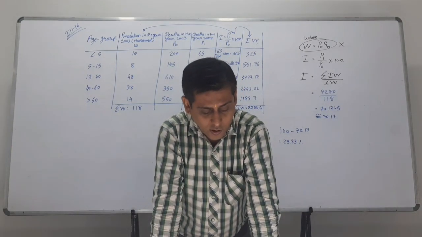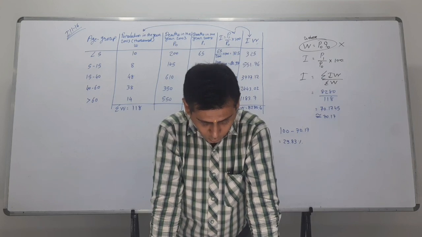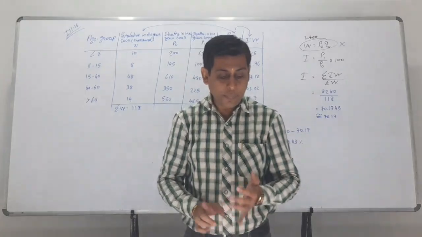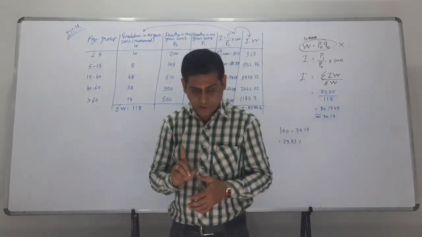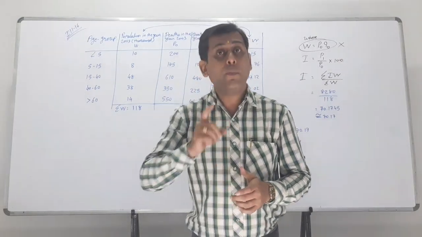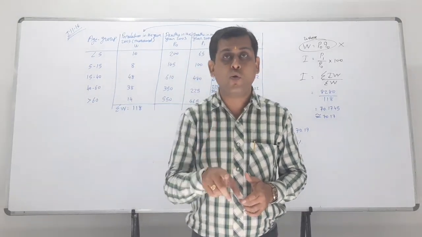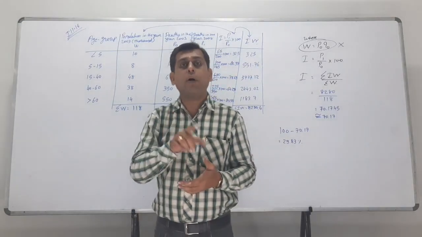Now the last one is the total expenditure method. Here question number 6 is your homework, but see here, price and total expenditure is given in question number 6. What we have to find out from that? Price is given, so we have to find out the quantity, that is Q0 and Q1, from total expenditure by dividing by P0 and P1.